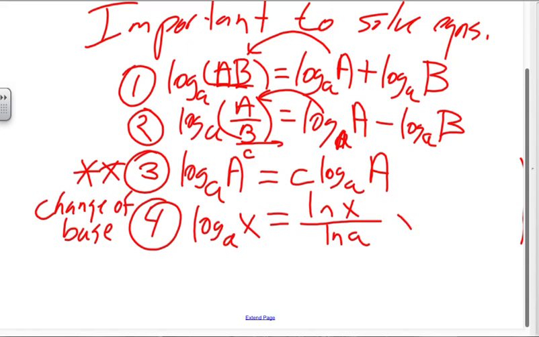And what makes this important is that this is the one you're going to be dealing with a lot when we start solving exponential equations: these you can plug into a calculator, the other ones you can't.